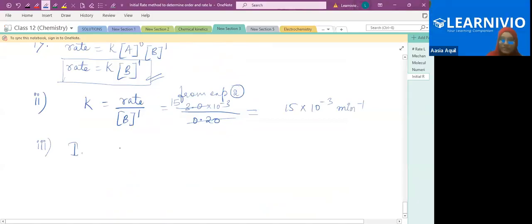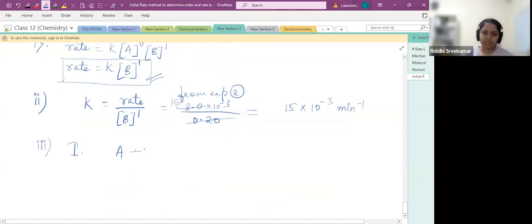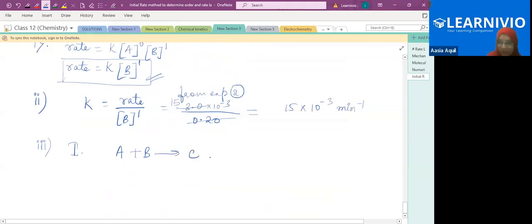But in the exam, you have to check both options and write down why the other is not correct. This is the slowest step, and we know the slowest step is the rate determining step, right? So here you will write down the rate equation.